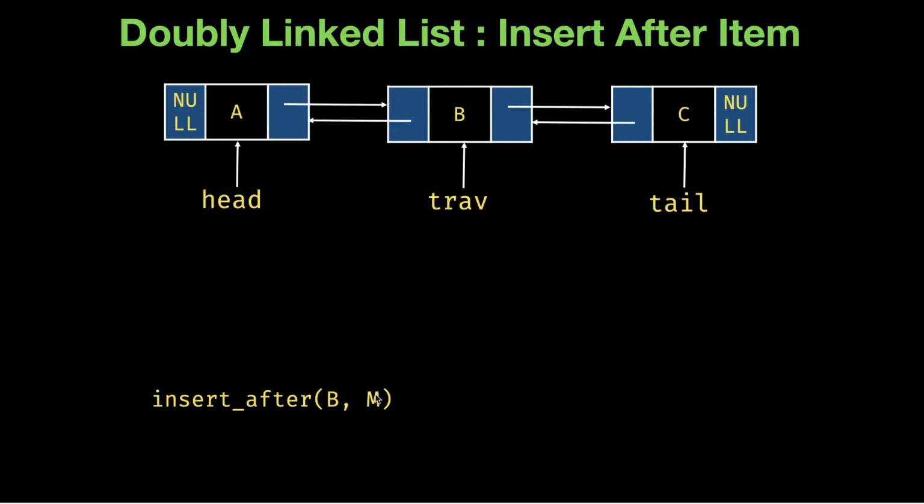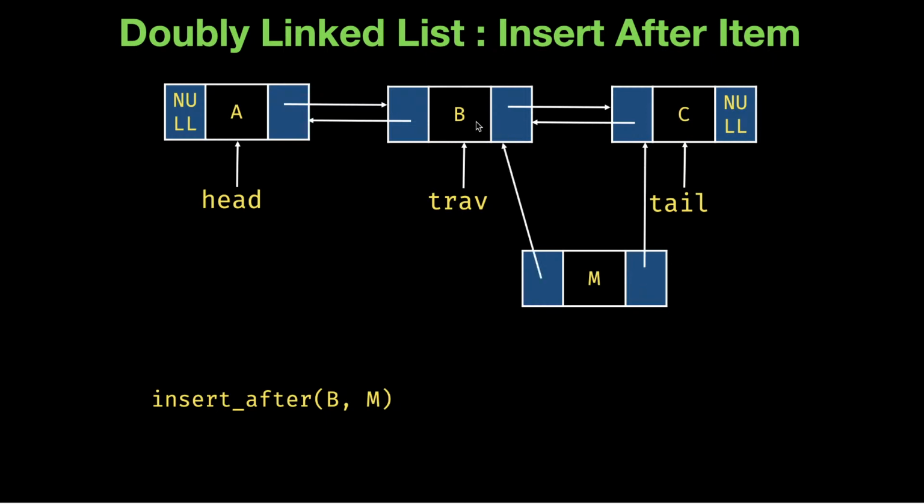Now we want to insert a new node, right? So we create a new node with the data as m, and we point the next pointer of this node to c, and the previous pointer of m to b. We will also point c node's previous pointer back to m, and then b node's next pointer back to m.